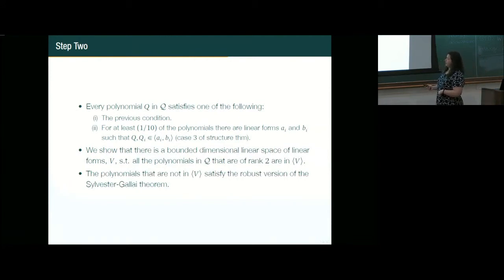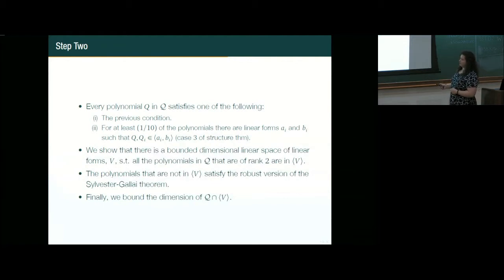Now let's think about the polynomials that are not in the ideal generated by V. Then I prove that they must satisfy the original Sylvester-Gallai, because I know that every polynomial either with 1/10 satisfies the spanning condition, or with 1/10 satisfies the third condition. So it takes some proof, but they must satisfy the Sylvester-Gallai theorem. So I can add them, and I get that all my polynomials are either in V or in a small set of polynomials.